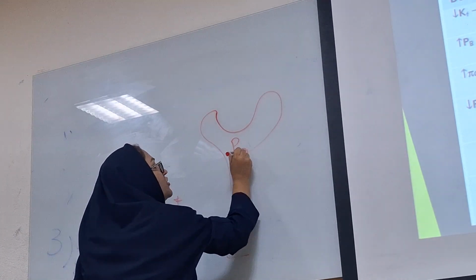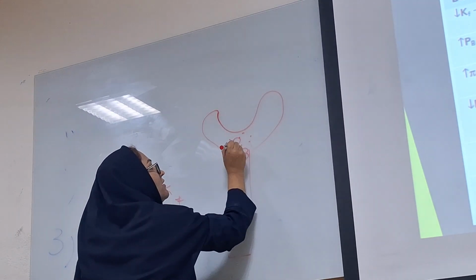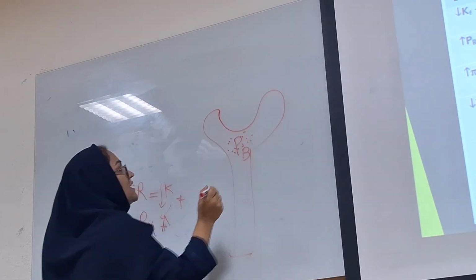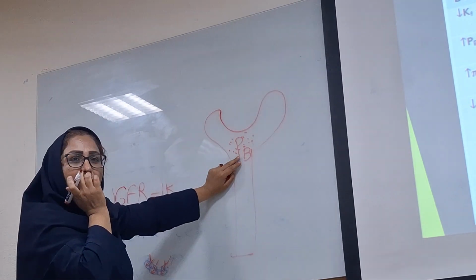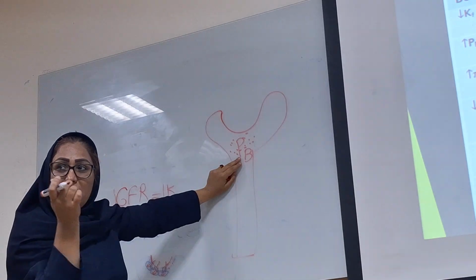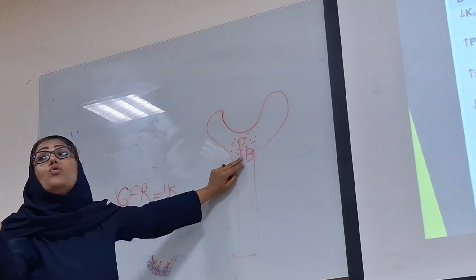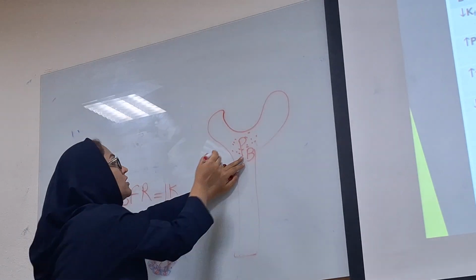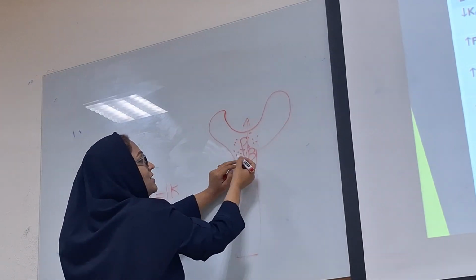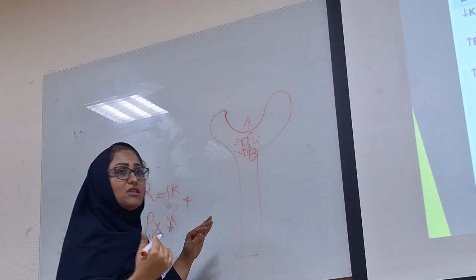PB is hydrostatic pressure here. When it increases, GFR decreases. Why? Because it is an opposing force. For this reason, when PB increases, GFR decreases.